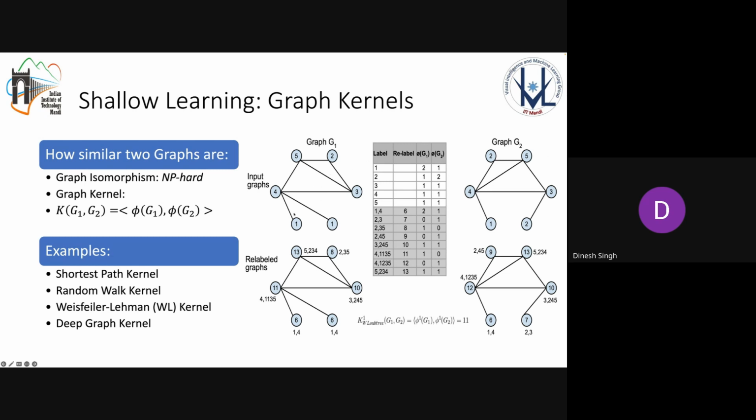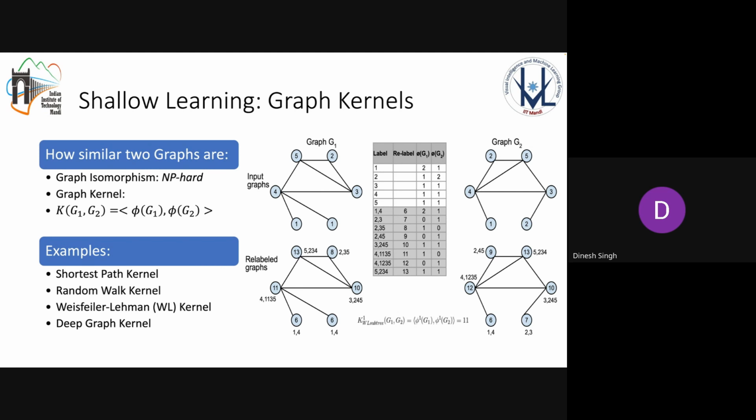Here we have two graphs, and simply by bare eyes we can say that a lot of similarity is there in these graphs. A few nodes we can swap, and then it will be more. But how can we quantify what the similarity is, how much they are similar? Is it 10% similar, 20% similar, or 80% similar?